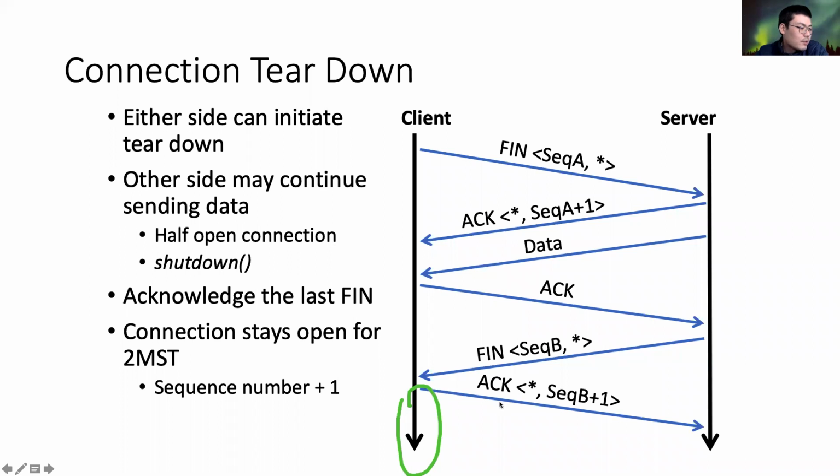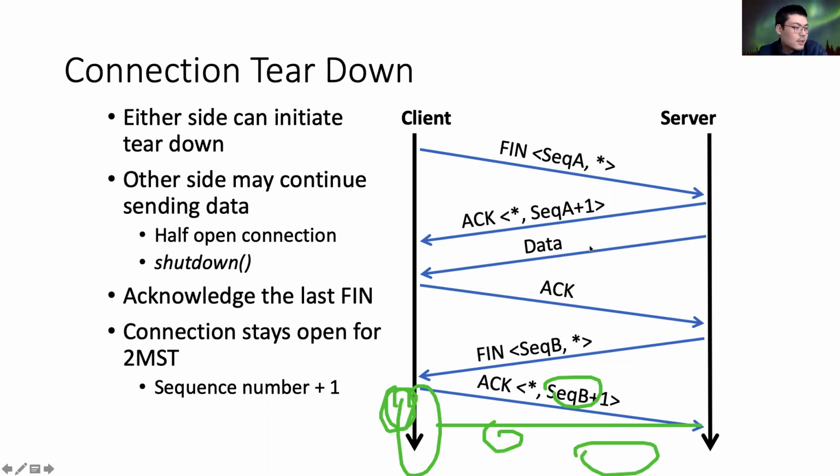In that case, if you have a new connection with the server with the same port number, you're in trouble because the sequence number is in trouble if you start in the same range. That's why if you randomly sample the sequence number, then the sequence number range at the end will be different from your starting sequence number. You know that it's a new connection, so the server will be able to know what's happening.